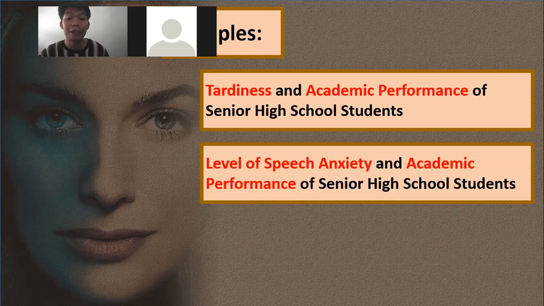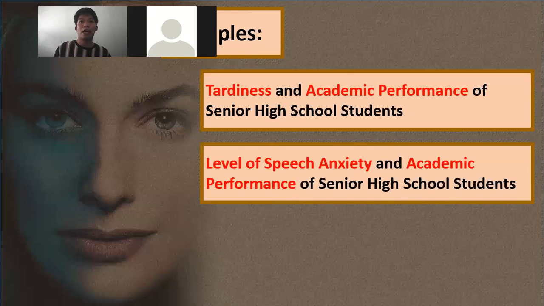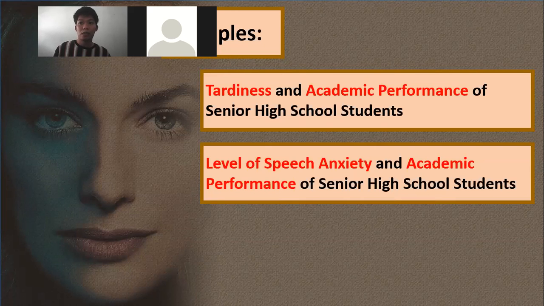So for example, in this case, pwede yung gagamitin ninyo na subject to refer to academic performance is yung oral communication in context, because that specific subject needs oral communication skills. So you need to be specific, but you can specify that in your definition of terms at saka sa scope and delimitation of the study.